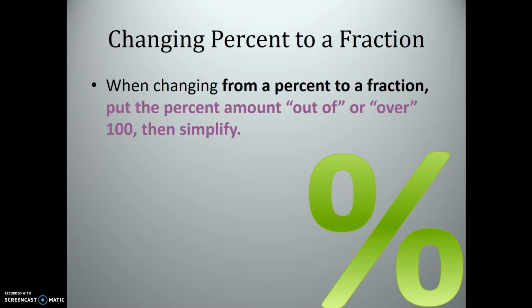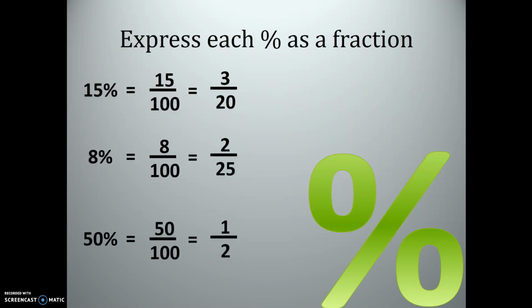Okay, let's move on. So now if we want to change from a percent to a fraction, we are going to put the percent amount over 100 and then simplify. This is just the opposite of what you guys have been doing with changing a fraction to a percent. So for example, if we have 15%, so this top example here, we're going to write our 15.